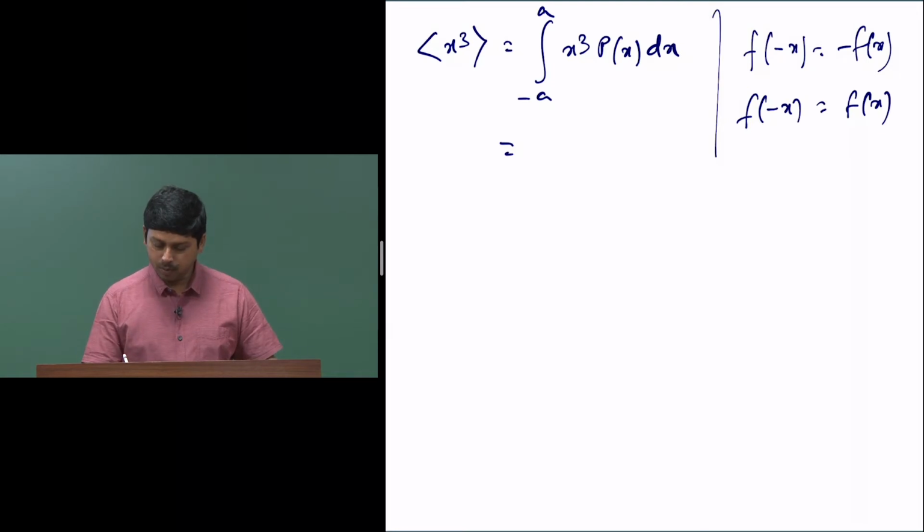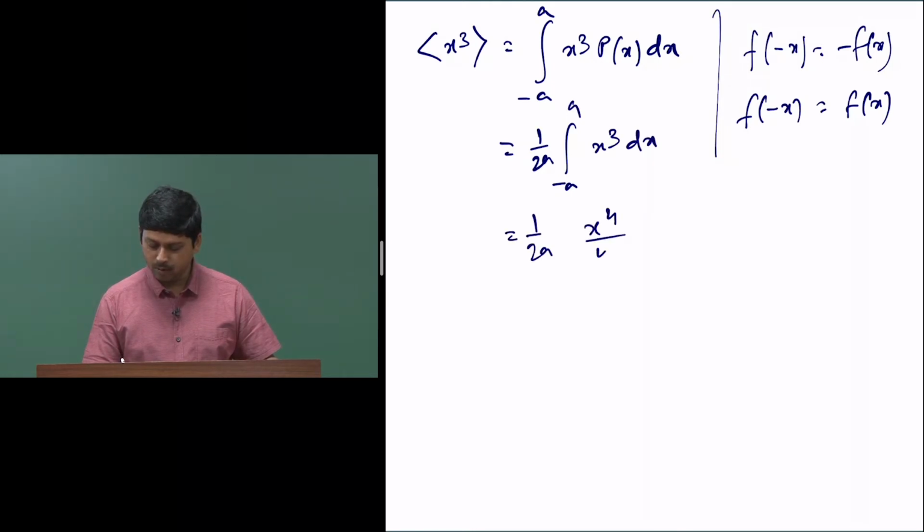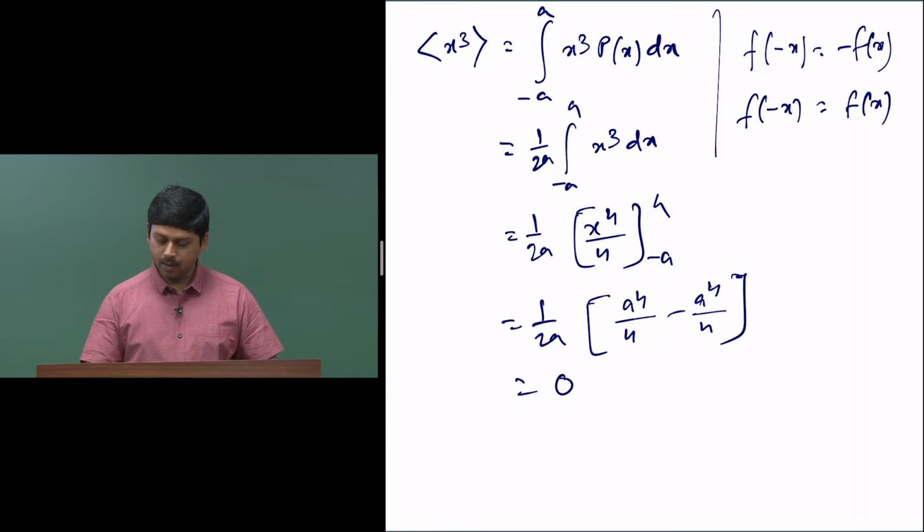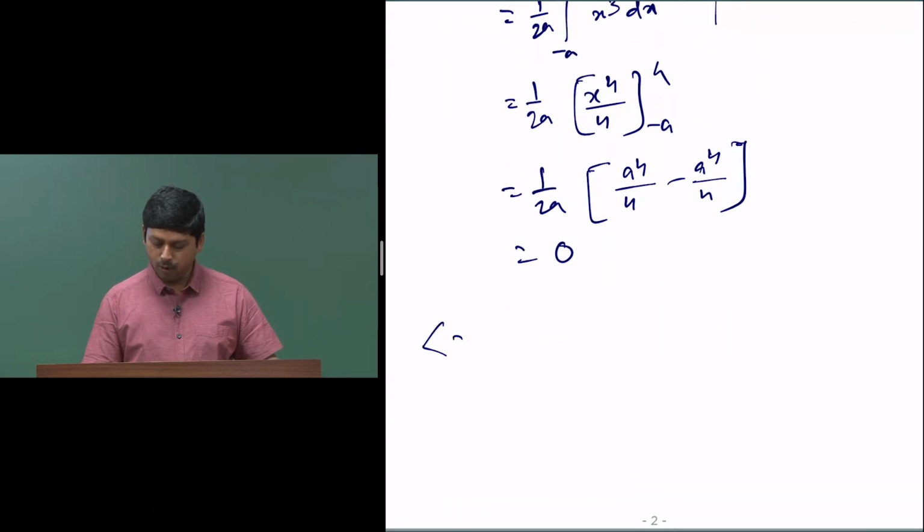So, let us do that, first for x cube. It will be 1 by 2a, integral from minus a to a of x cube dx, which gives us 1 by 2a times x to the power 4 by 4 going from minus a to plus a, which is a to the power 4 by 4 minus a to the power 4 by 4, giving us 0. If we do x to the power 4, that will not be the case.